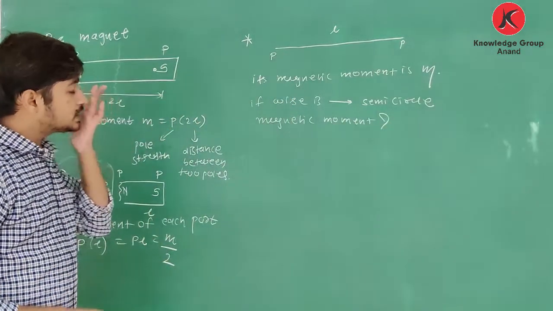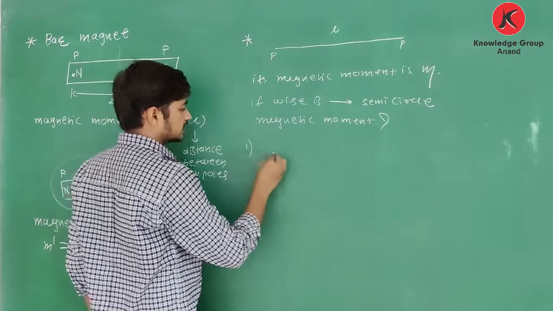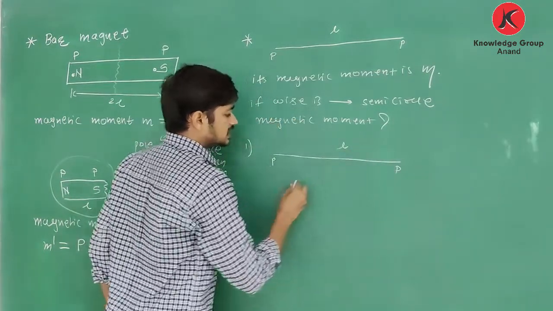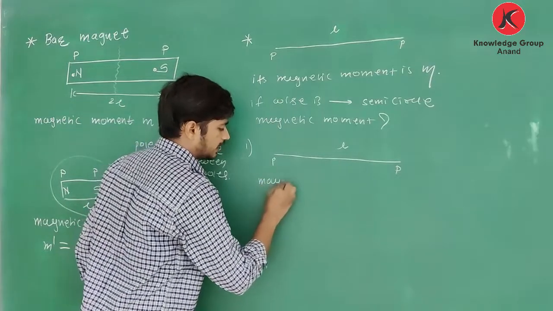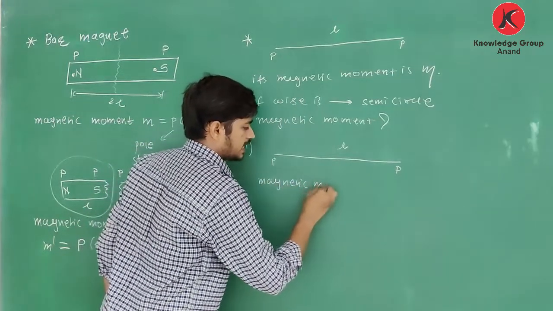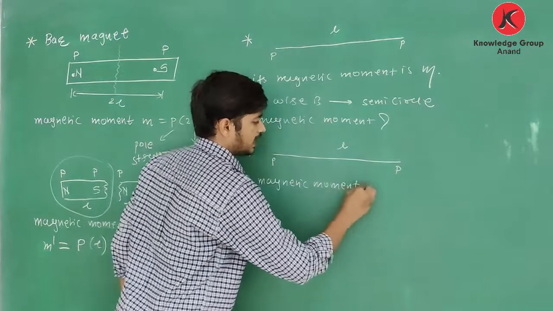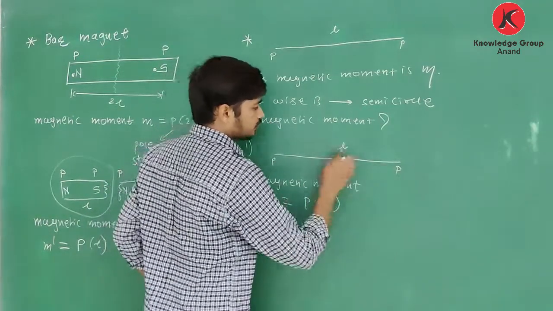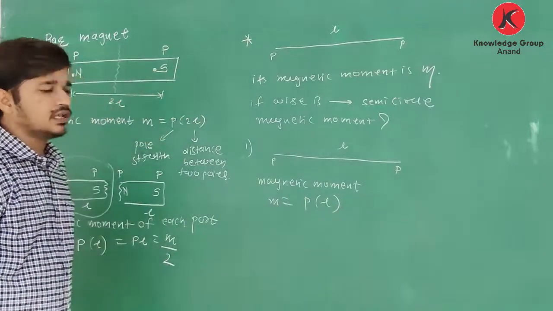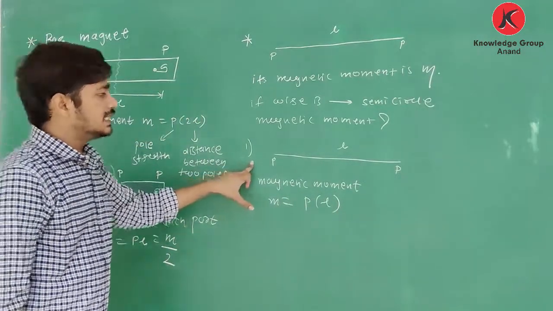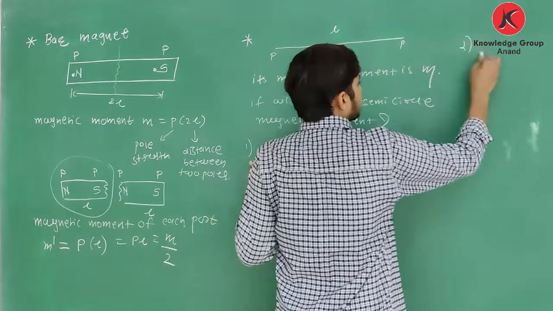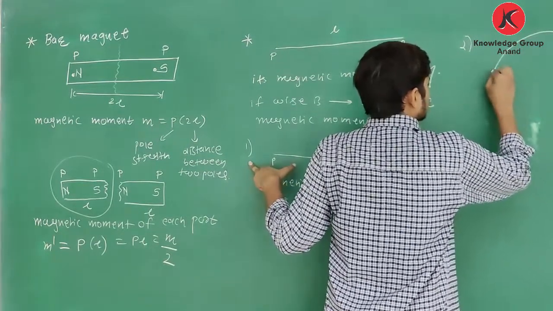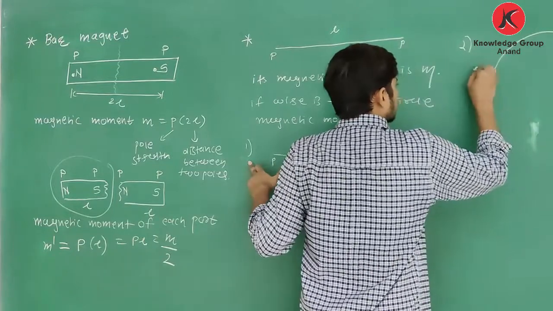Initially, in the first case, a wire with pole strength P and length L has magnetic moment M equal to P into L, because the distance between two poles is L. Now this same wire is bent in the form of a semicircle like this, so it has one pole here and another pole there.